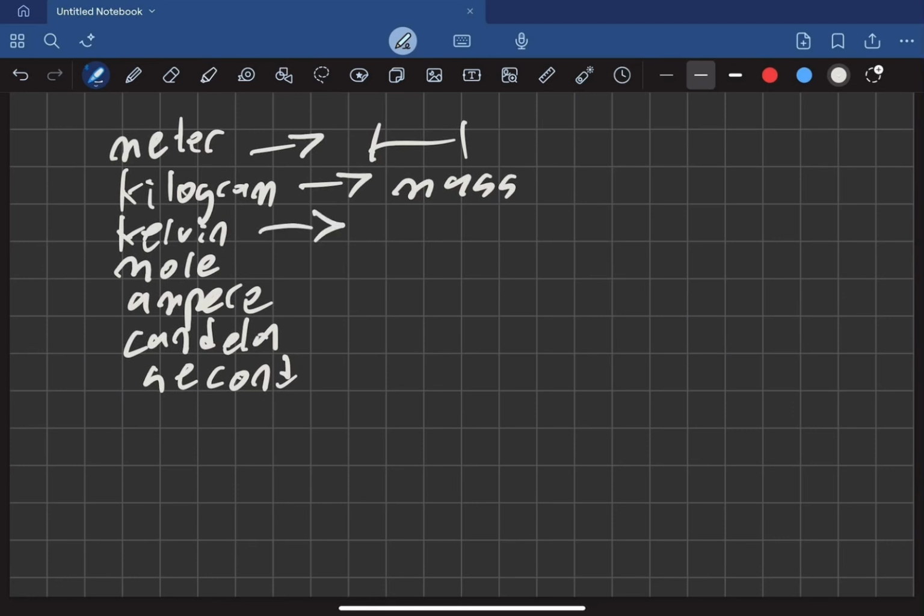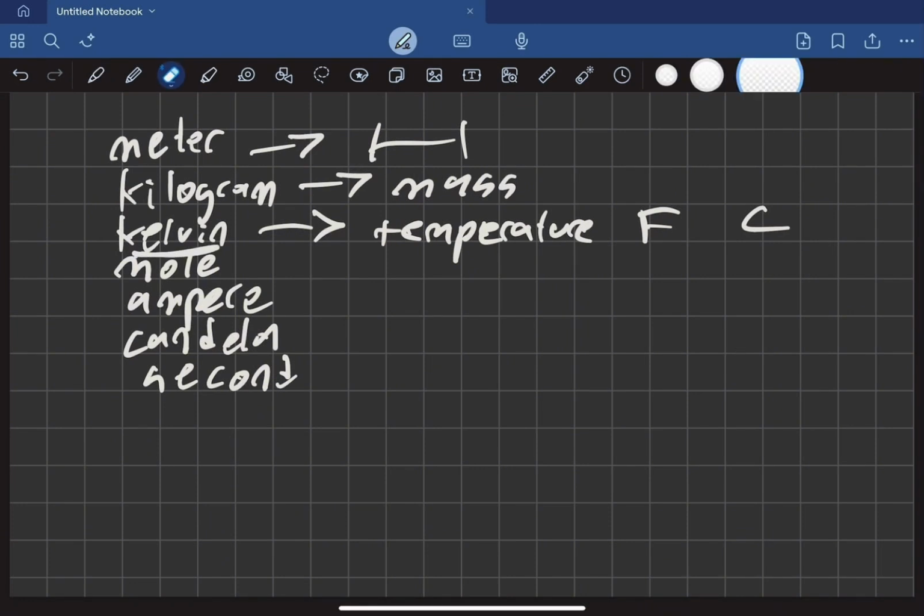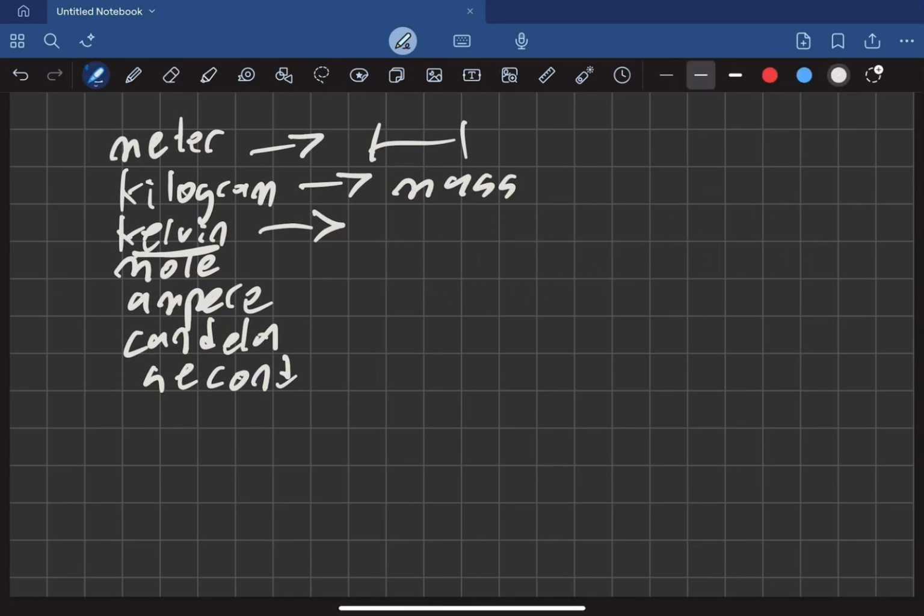The Kelvin is the SI unit of temperature. So you might be familiar with Fahrenheit or with Celsius. Kelvin is the SI version of this. The reason that you use Kelvin instead of Fahrenheit or Celsius is that basically temperature tells you the average kinetic energy, so how much energy is in all the particles of the system you're looking at.